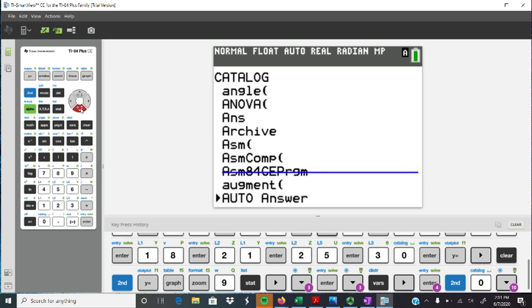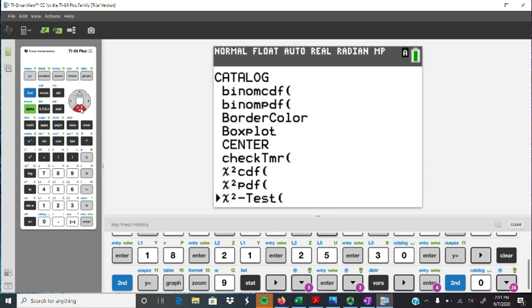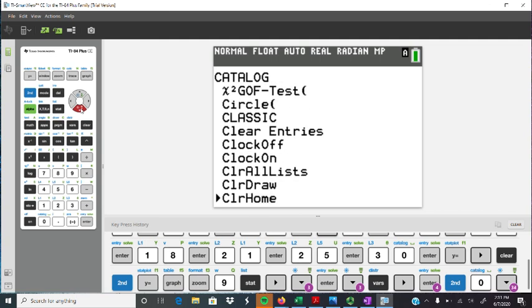We want to turn on, go through the whole list.